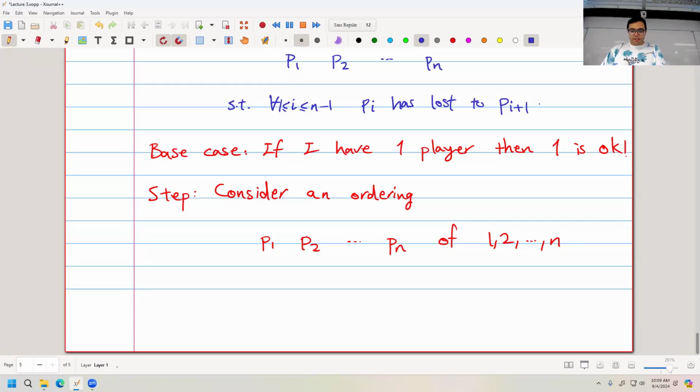If n plus 1 won against Pn, then I can just add n plus 1 right here. And everything would work out because P1 has lost to P2, P2 has lost to P3, so on to Pn, and then Pn has lost to n plus 1. But let's say that this was not the case. Let's say that Pn won against n plus 1.